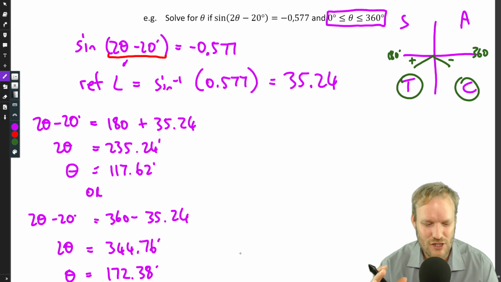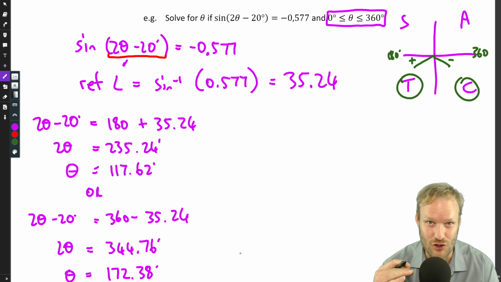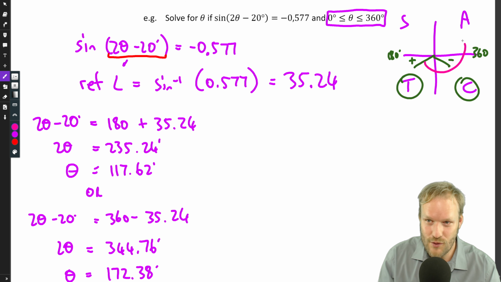But it's worthwhile just thinking of general solution, even though we're going to do it in the next question. But let's just have a look here at if we were asked what the general solution is. Well, 2 theta minus 20 is 180 plus 35. That's the one option. But if we went round by another 360 degrees, we'd be back where we started. And we'd also get the same answer. So therefore, we could say plus 360 times some sort of integer.